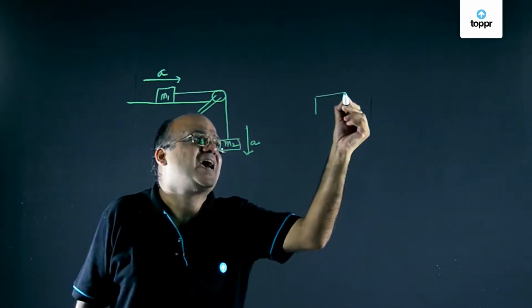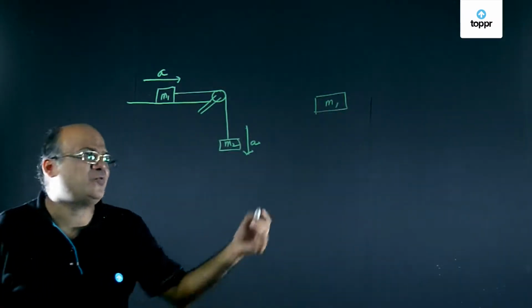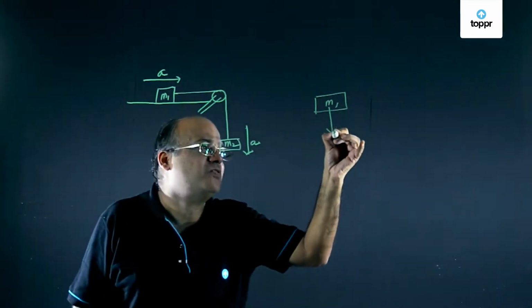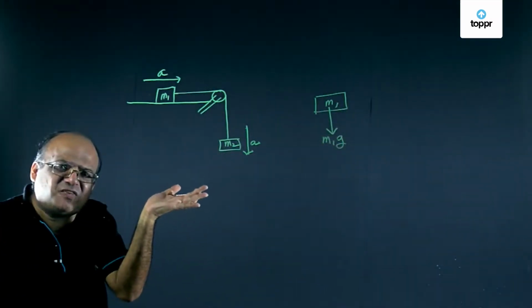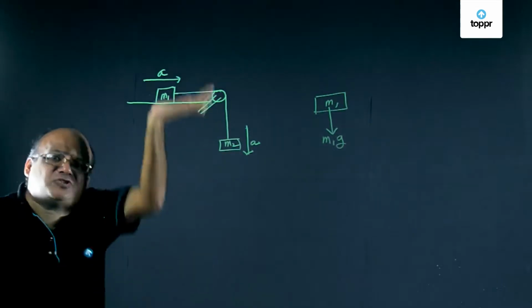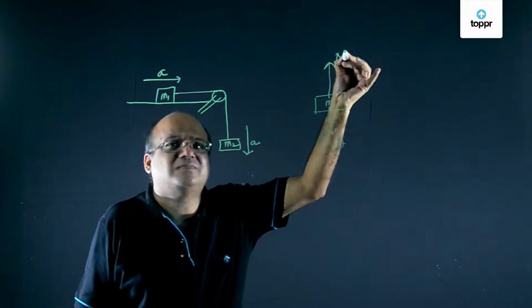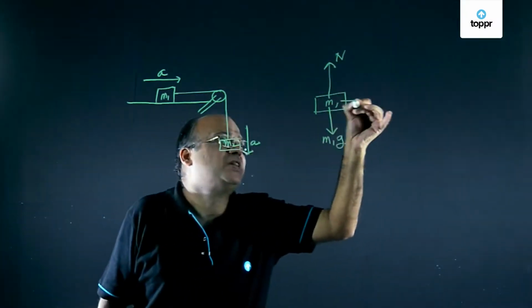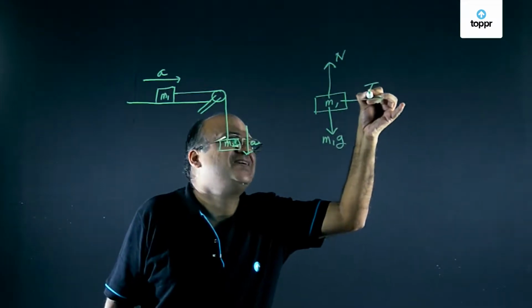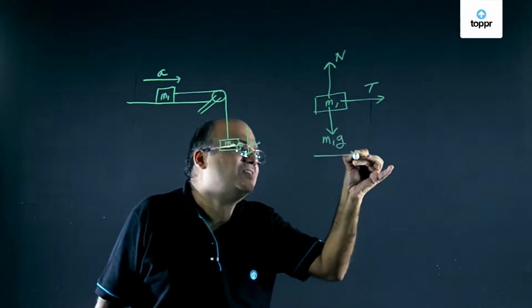What are the forces acting on m1? m1 is having mass, so weight will act vertically downwards towards the center of earth. m1 is resting on a surface, so the surface will push it up with a force that we call normal reaction. m1 is also connected by a string. The string will pull it, and that force is tension. And the acceleration is in the direction of tension.